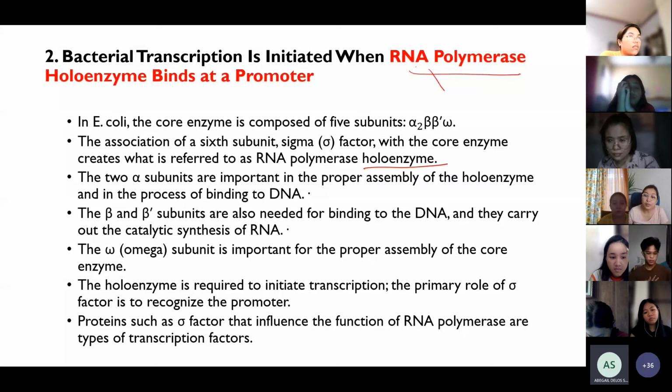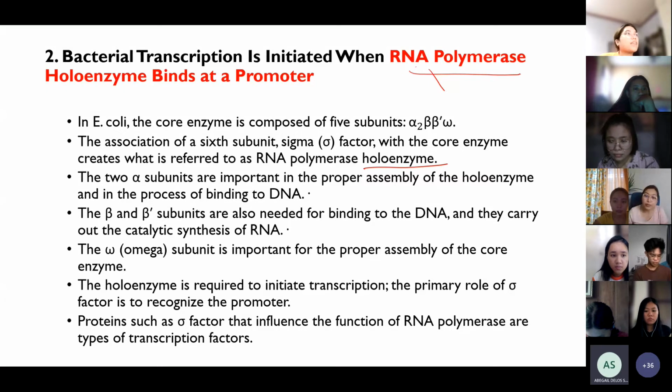Our beta subunits are also needed for binding, but they also carry out catalytic synthesis of RNA. We also have our omega subunit, which is important for the proper assembly. And this holoenzyme is required to initiate our transcription process.